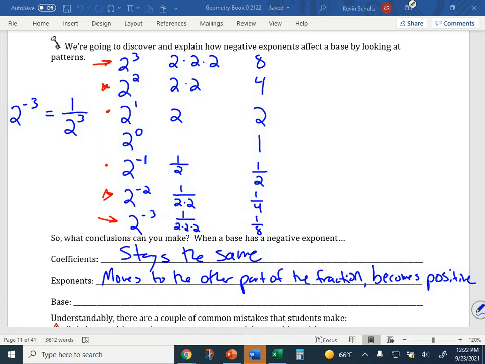It moves with the power, but ultimately stays the same. And I add that in there just as a reminder that it does not become negative. That's the biggest mistake that folks make with negative powers. So it moves with the power, but stays the same.